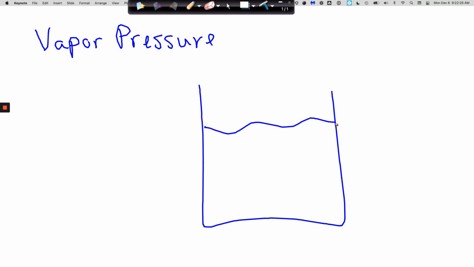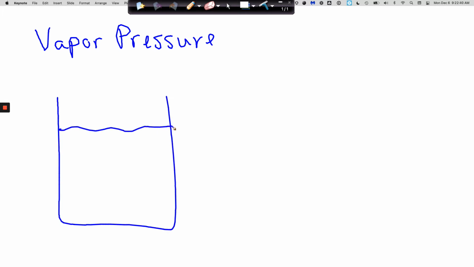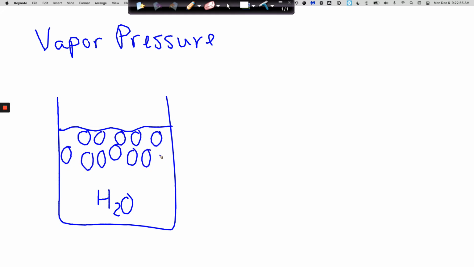guys, draw yourself a beaker and draw yourself a liquid. Actually, better yet, I'm going to draw my beaker to the left. So draw yourself a beaker, draw yourself a liquid. Imagine that this liquid is something like water, and we're just going to let these circles represent our bent water molecules.